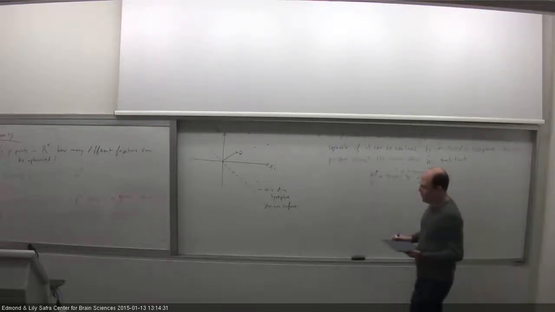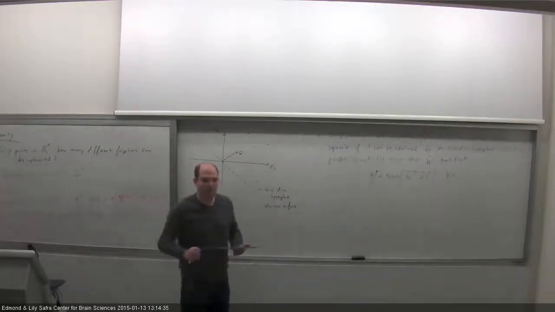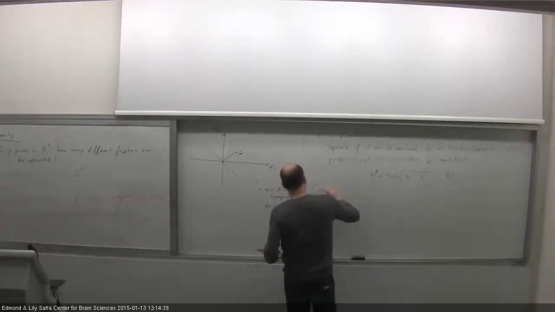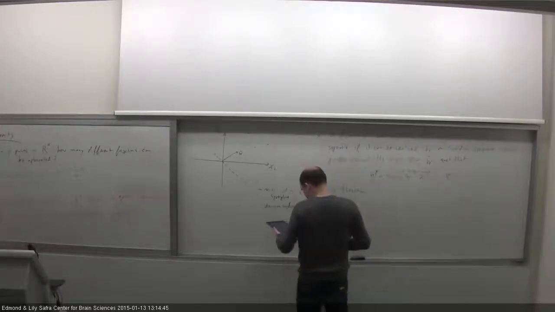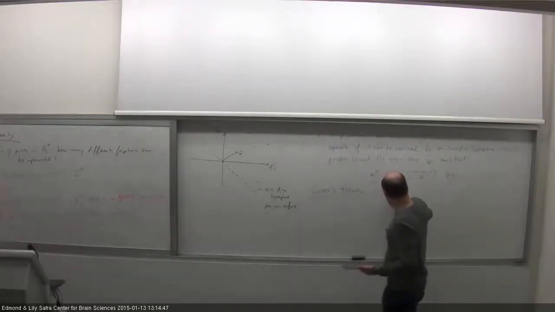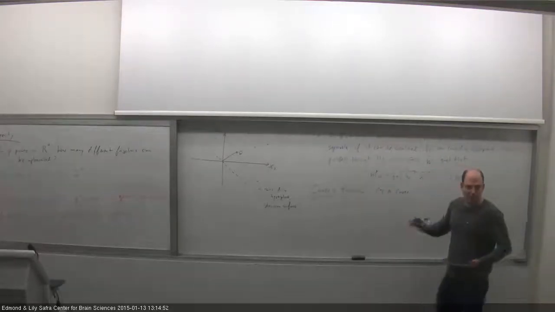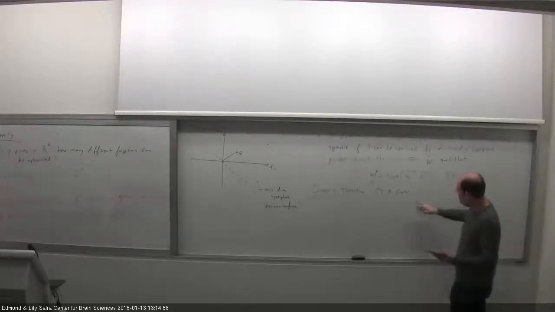Okay, so now we come to a very important theorem, Cover's theorem. And this is T.M. Cover, the same Thomas Cover from the book Cover and Thomas on information theory that I mentioned to you.